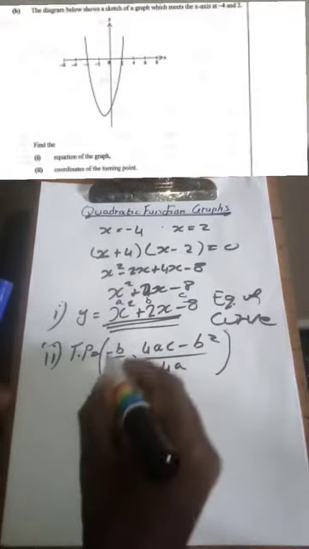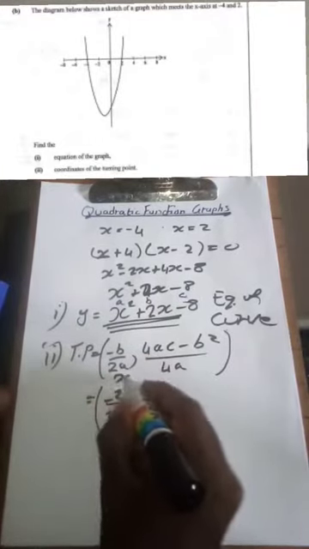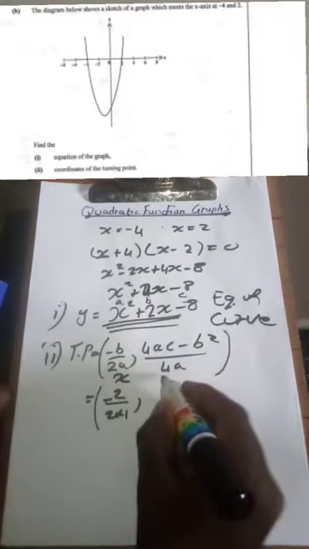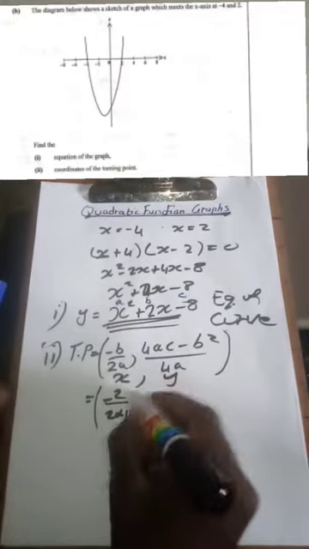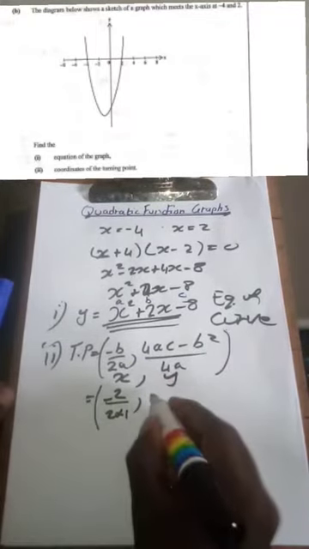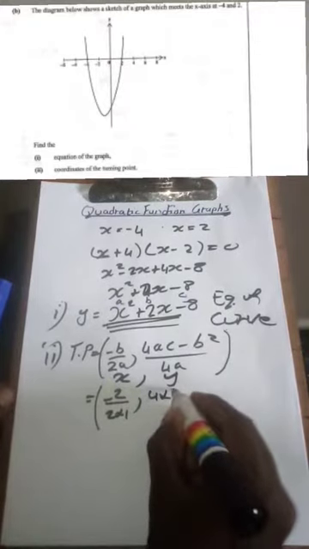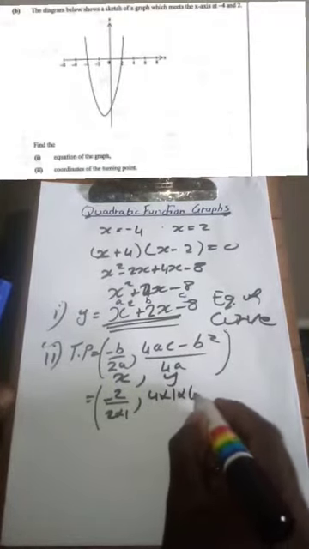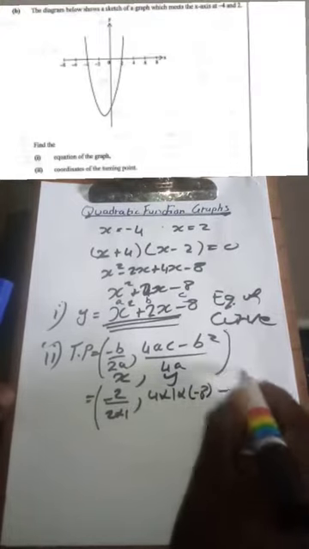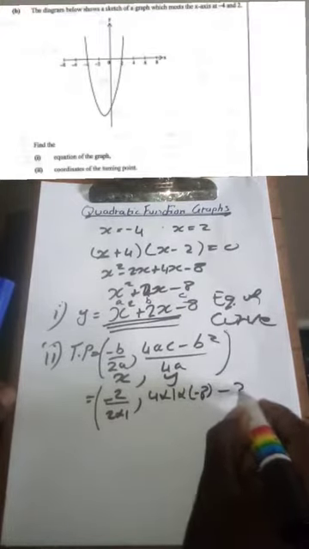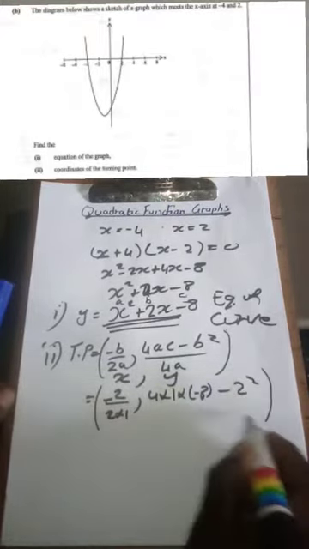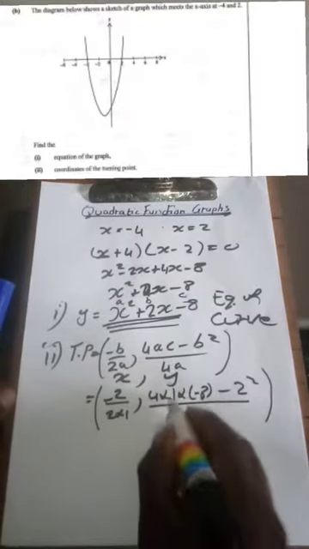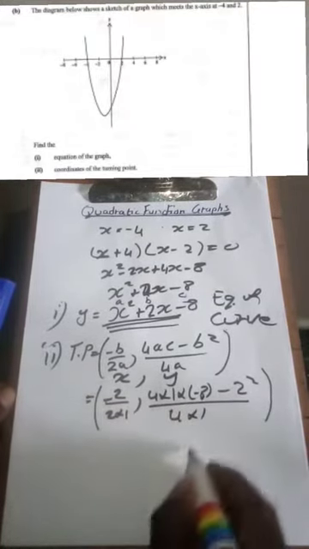Keep in mind, this is the value of x, and this is the value of y. So we are going to have 4 times 1 times c, which is negative 8, minus 2 squared, which is b, divided by 4 times 1.